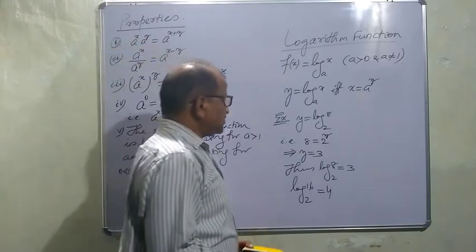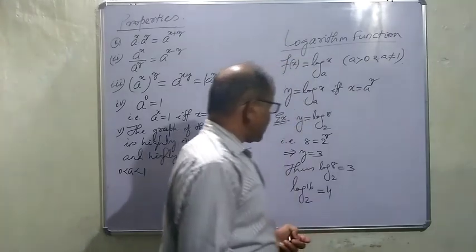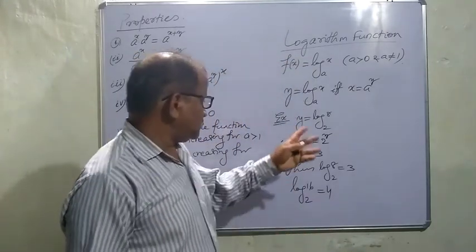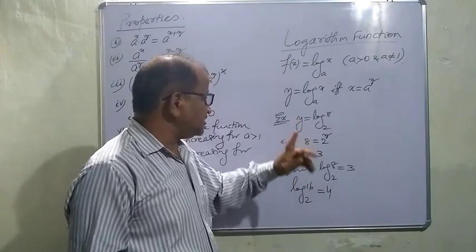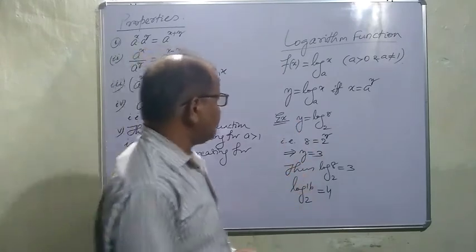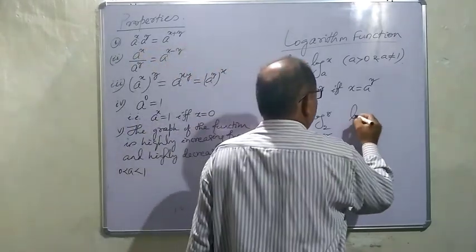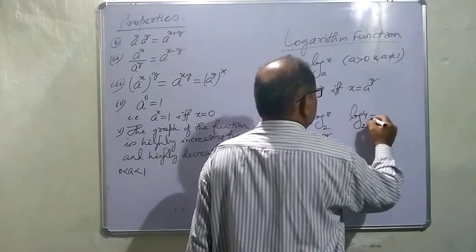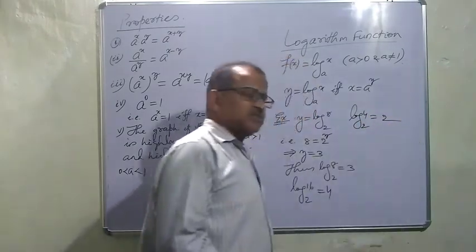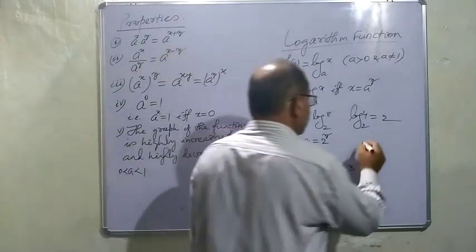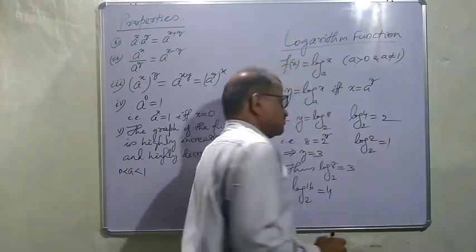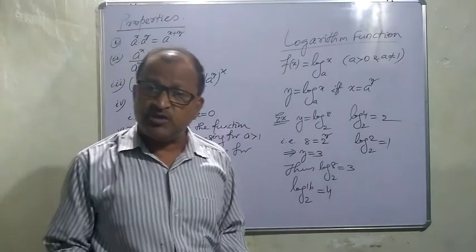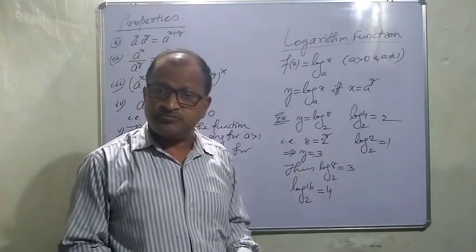You may suspect what will be the logarithm of 8, 4 like this. What is the logarithm of 4 with base 2? It is 2. And what is the logarithm of 2 itself? Logarithm of 2 is 1, because 2 to the power 1 is equal to 2.